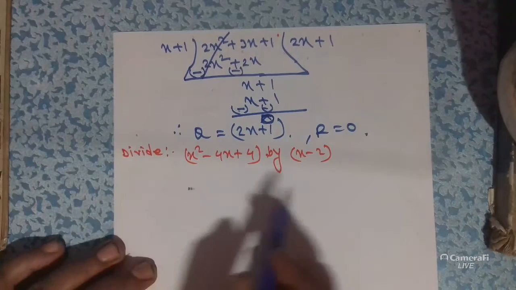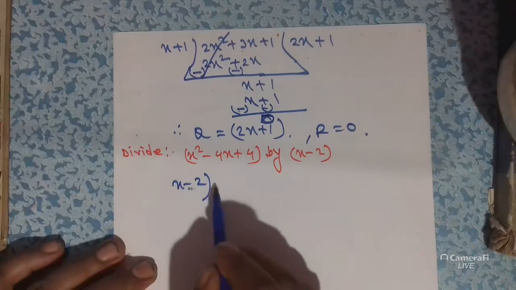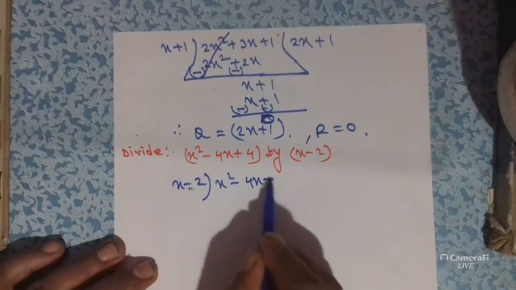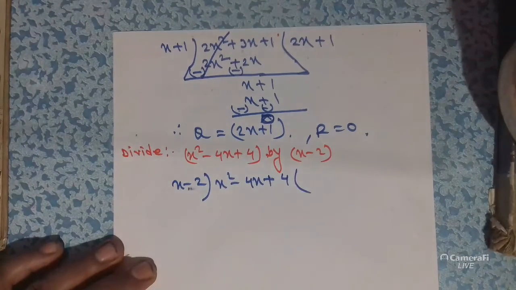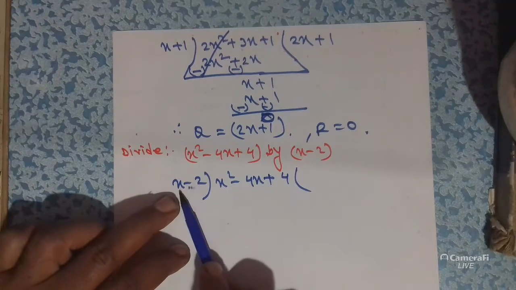At first we have to write x minus 2 as divisor and x square minus 4x plus 4 as dividend. Now we have to find x square by multiplying something with x.